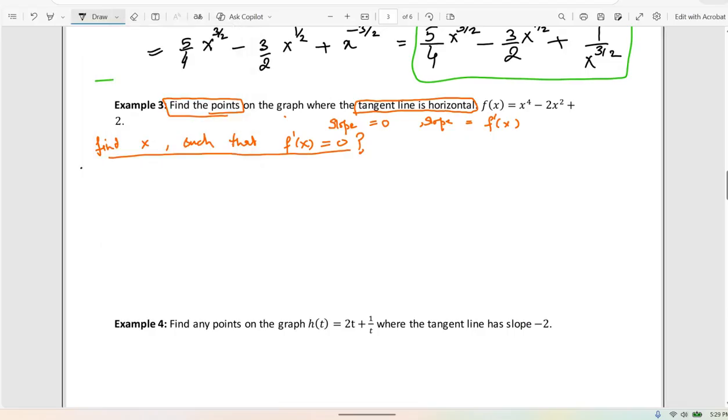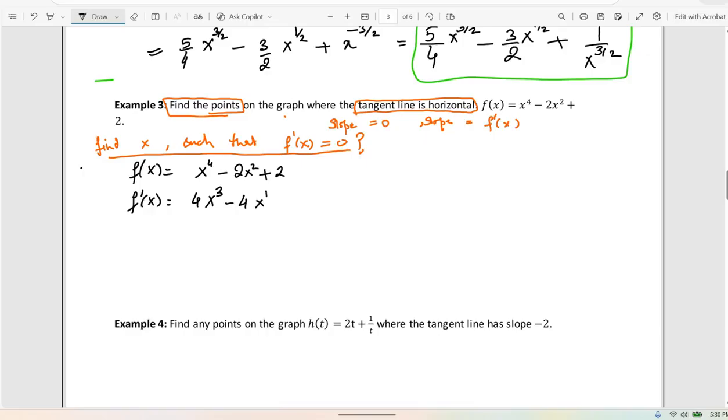Now, before we solve the equation f prime x is 0, we need to find f prime x. So let's write f of x first. f of x is x to the 4 minus 2x squared plus 2. f prime x would be, using the power rule, 4 comes down, 4 minus 1, 3, minus 2 comes down, 2 times 2 is 4, x to the power 2 minus 1 will be 1, plus 2's derivative is 0, okay?